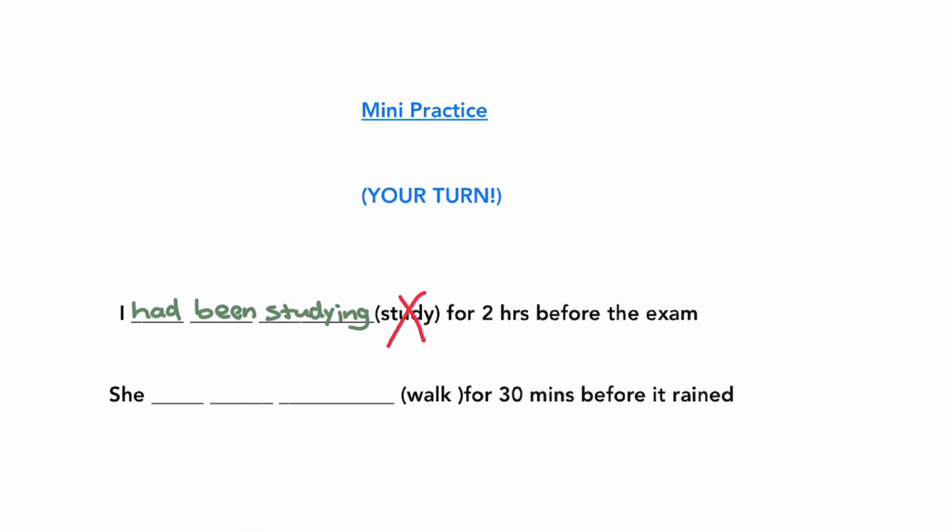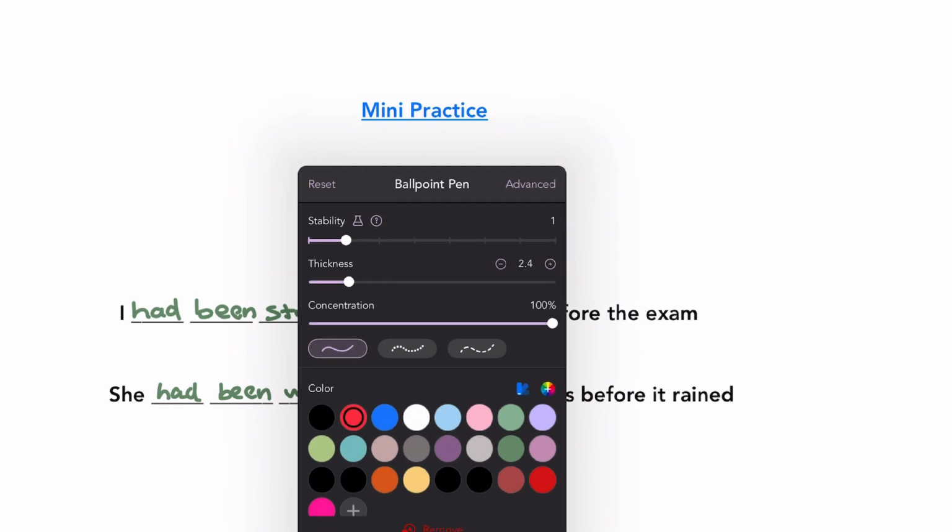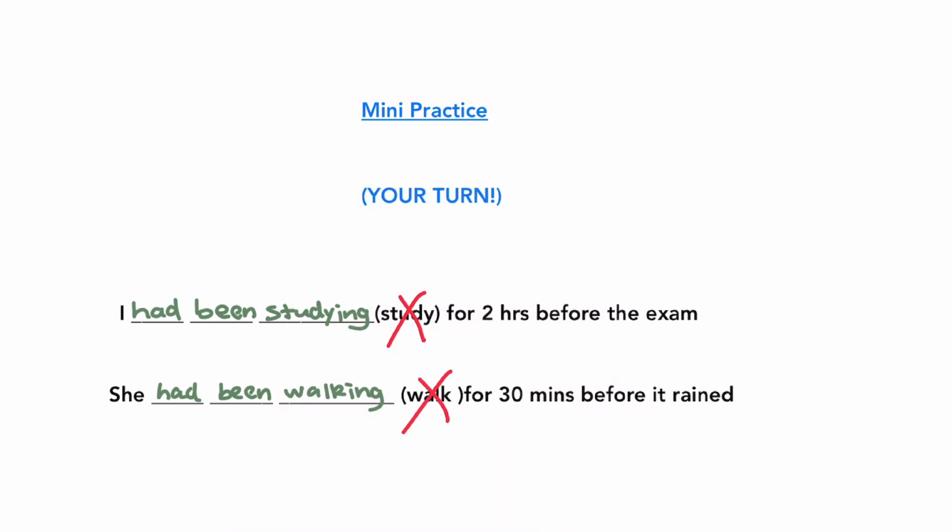So we know that this is past perfect continuous because this is an ongoing action. And the next one is, she had been walking for 30 minutes before it rained. Okay, it's quite simple, don't worry, you'll get it.